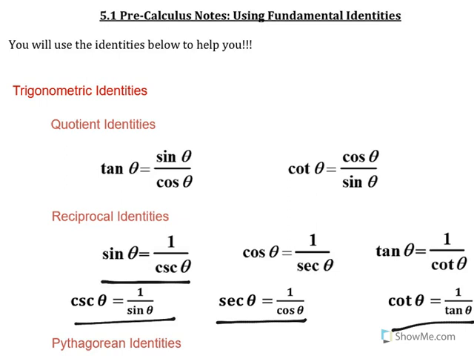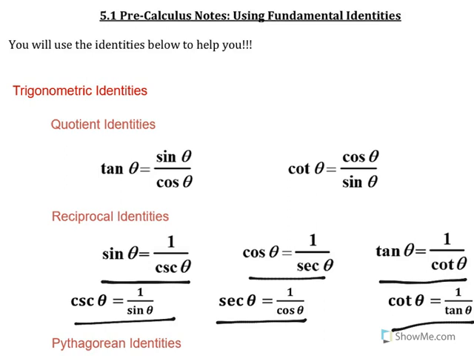Same goes with cosine. Cosine is 1 over secant, just like secant is 1 over cosine. And tangent is equal to 1 over cotangent. They are all reciprocals of one another. Tangent and cotangent, cosine and secant, and sine and cosecant. And this is something that we know very well at this point.